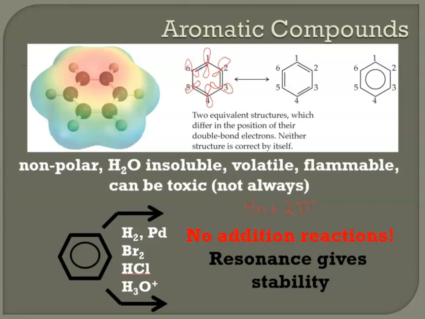We have 2 in this bond, 2 in this bond, and 2 over here in this bond. So we have 6 pi electrons. That follows Huckel's rule, and Huckel's rule tells us if this is a conjugated aromatic compound. It must be conjugated, it must be in a ring like this, and it also has to have this number of pi electrons.